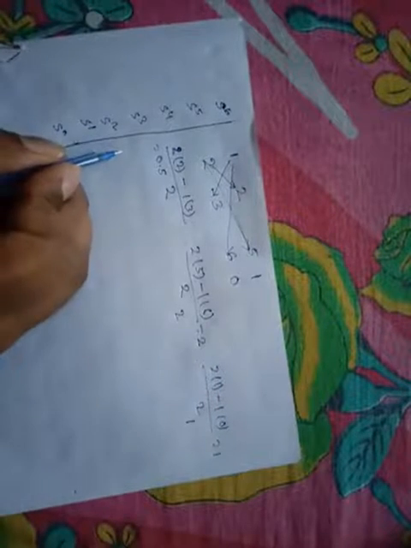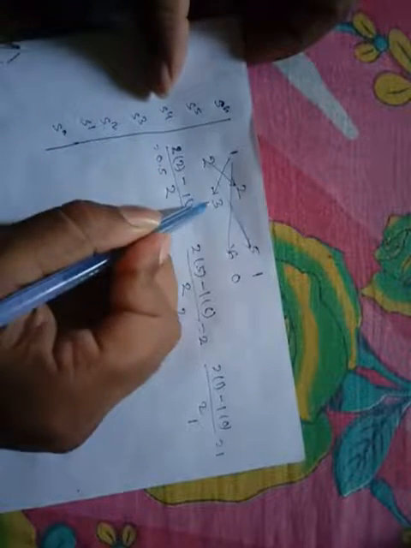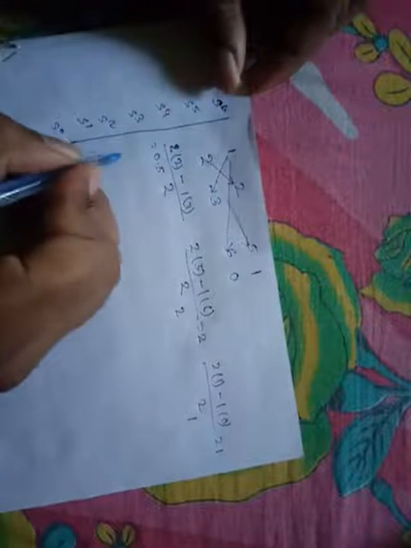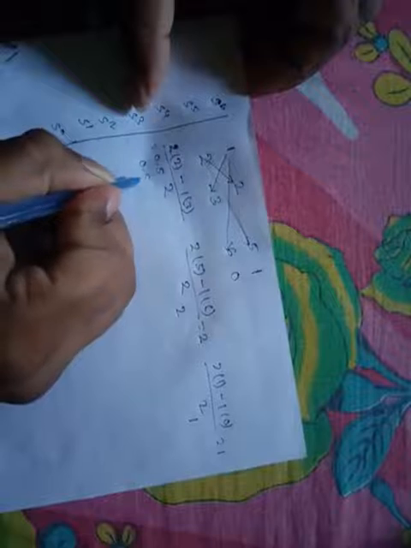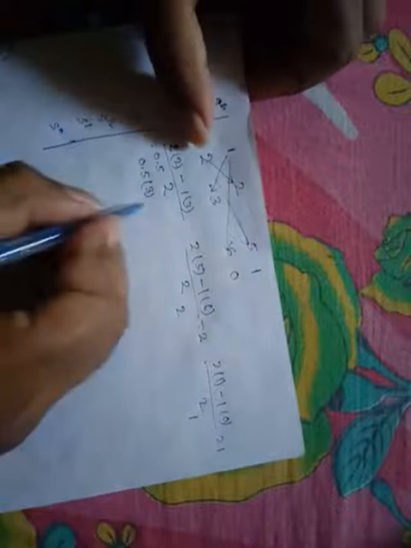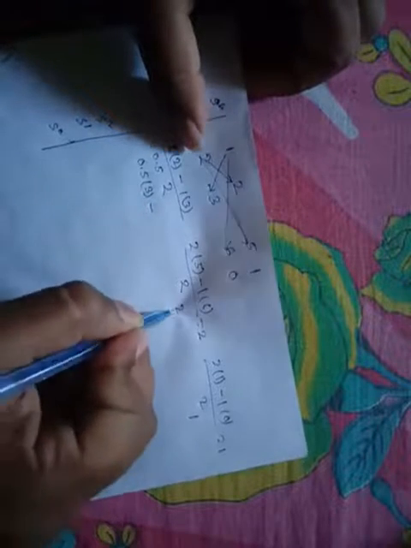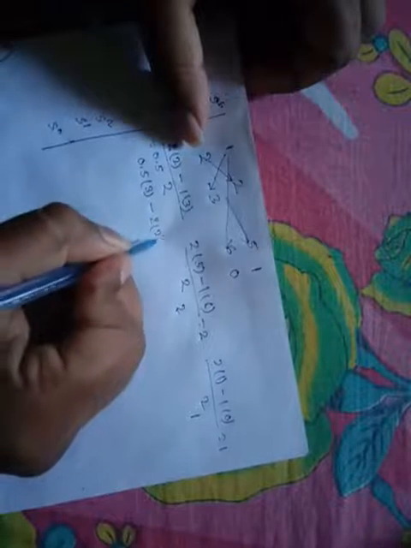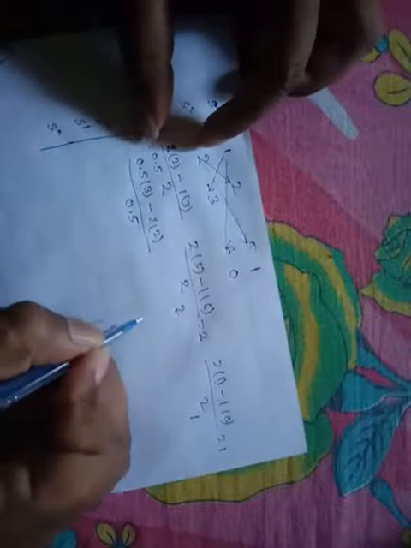Next is s cubed. 0.5 is multiplied with 3 minus 2 multiplied with 2, divided by 0.5.